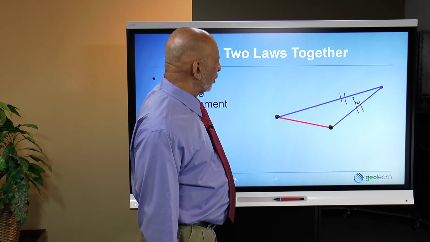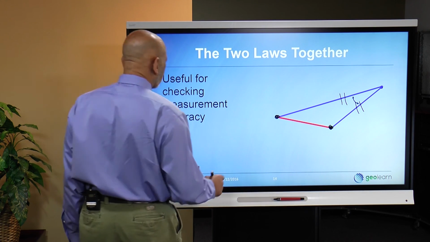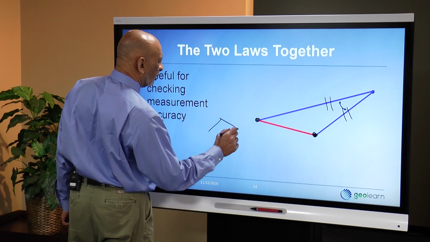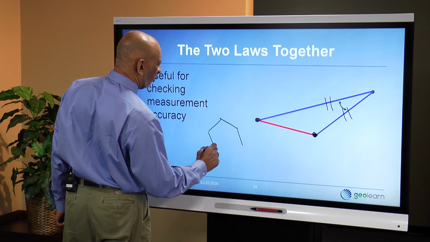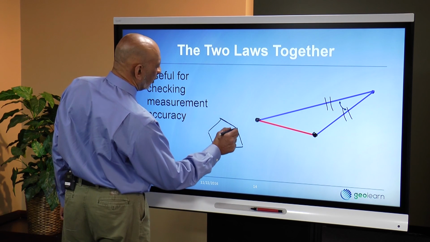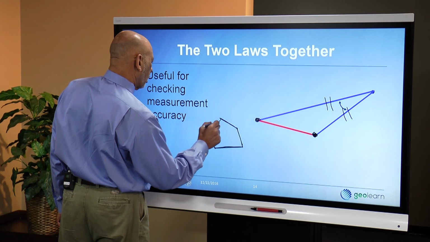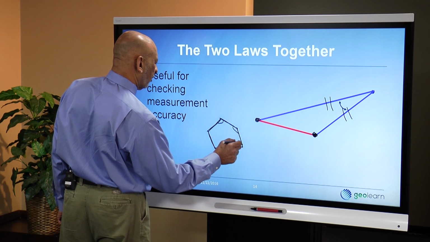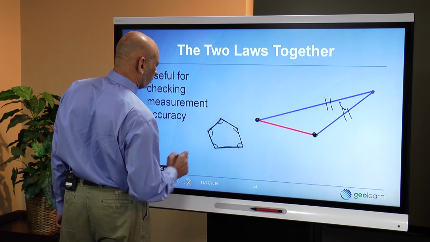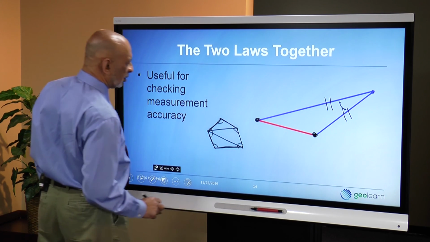And this is something we often do, and some of you may recognize a situation involving some field work that many of you have probably done that you maybe have forgotten, but you measured 5 sides and you also measured 5 angles. You also measured 2 of these diagonals.